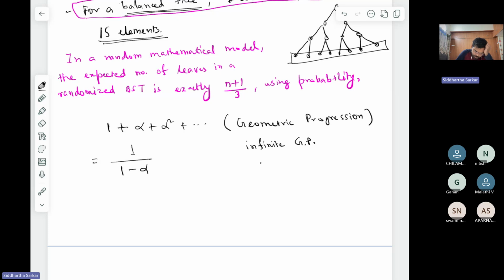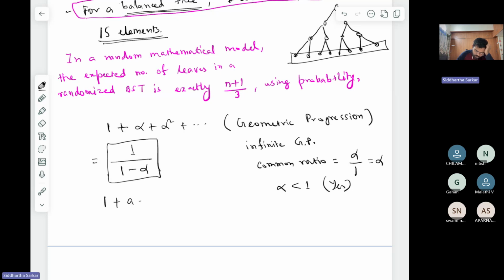And what is the common ratio? Common ratio means the ratio of two consecutive terms. For example, alpha by 1, that is alpha. So is alpha less than 1? Yes. So in that case, this is the formula. So for example, if this is the GP, rather I would put it a slightly general way.